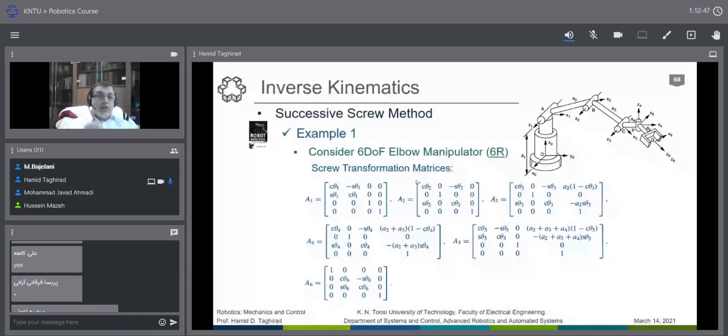But now there is the most general 6 degree of freedom robot. If it is a 6R manipulator, we have all rotary joints. The inverse kinematic is fully well known and understood. It is much more difficult than what we presented here, but it is fully developed.